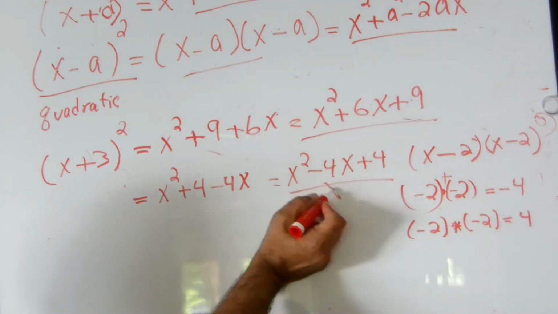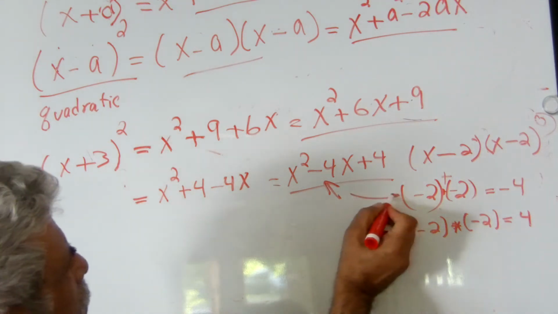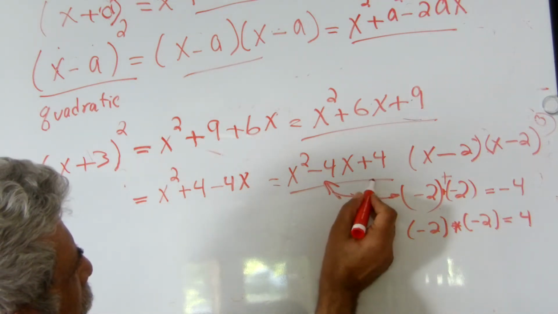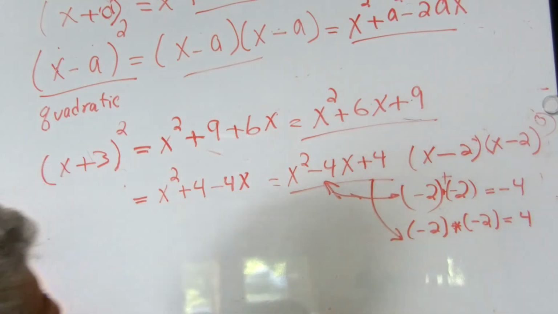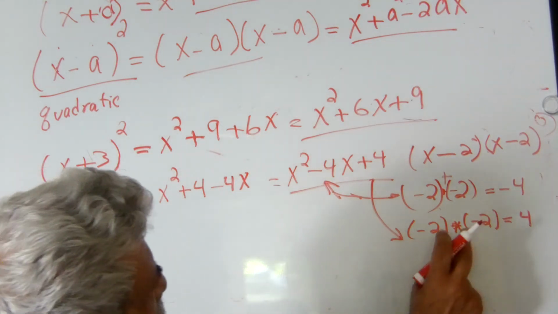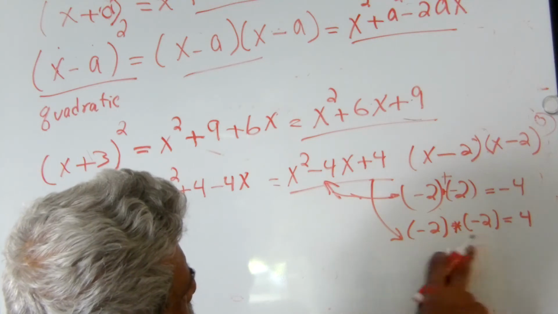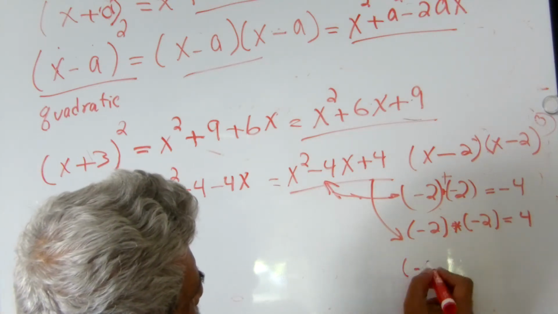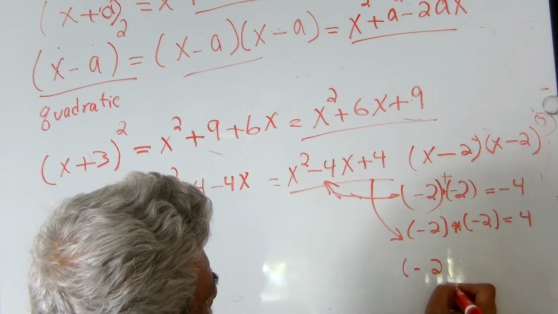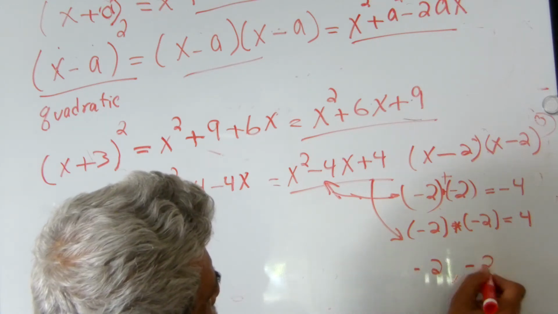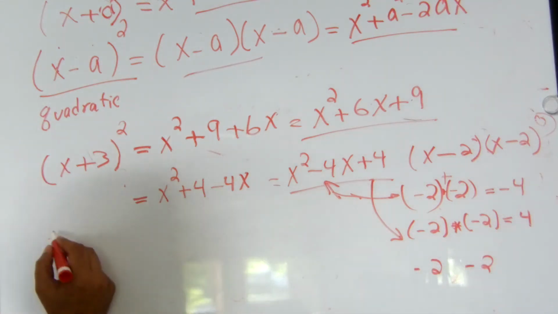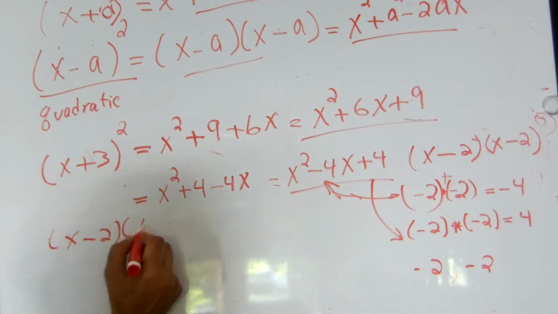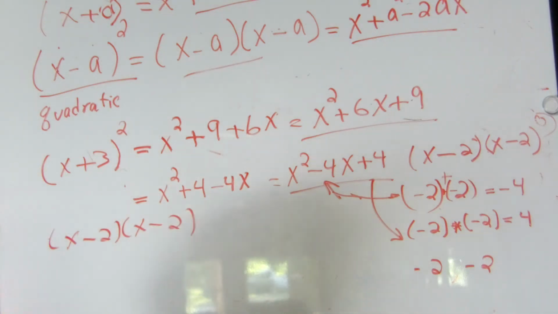So the addition is going to give you this answer, and the multiplication is going to give you this one. So you can say, hey, the answer we got is minus 2 and minus 2. So we write it here, x minus 2 times x minus 2. It's that easy.